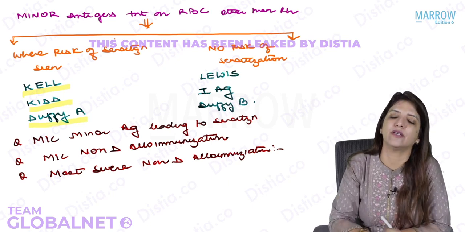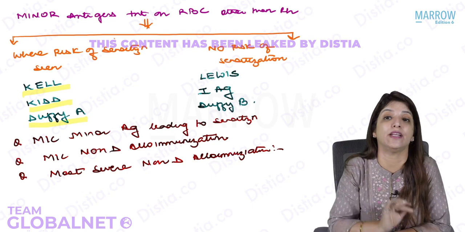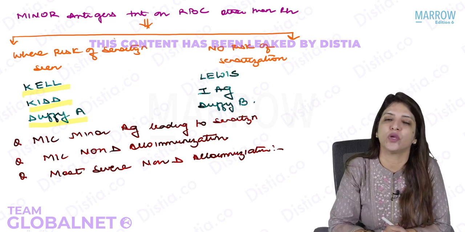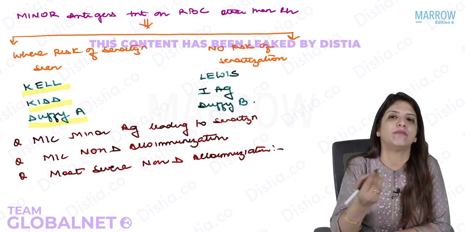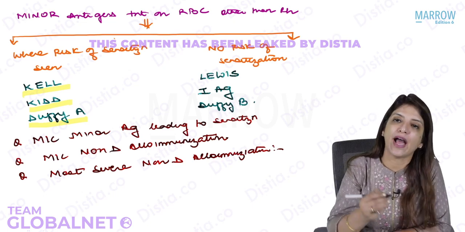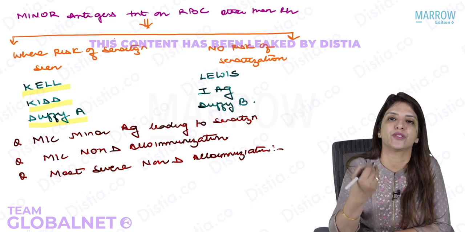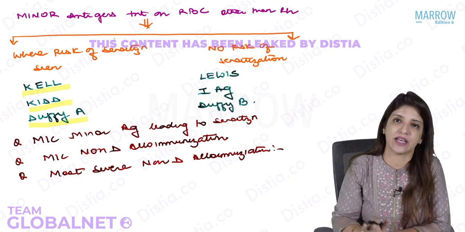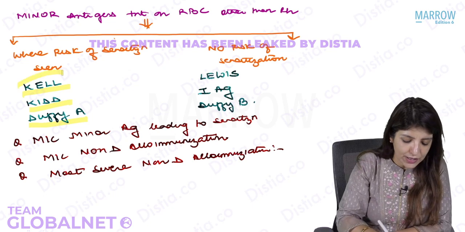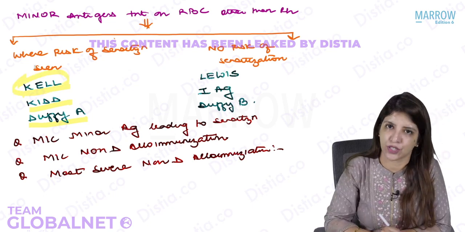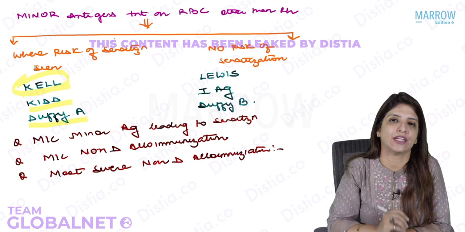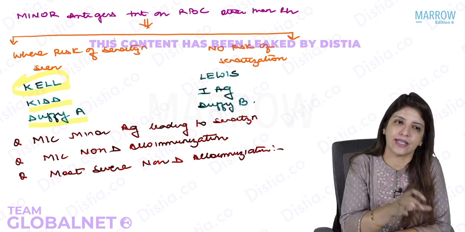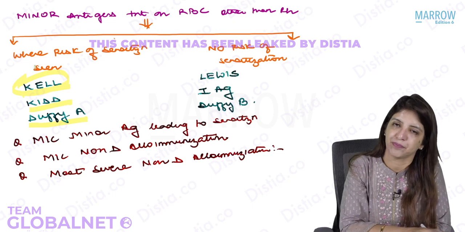Now, there are certain minor antigens which do not carry any risk of sensitization, which means, suppose if fetus is Lewis antigen positive and mother is Lewis antigen negative, and if fetal blood enters mother's circulation, there won't be any risk of sensitization. Whereas if fetus is Kell antigen positive and mother is Kell antigen negative, then there is some risk of sensitization in the mother, right?